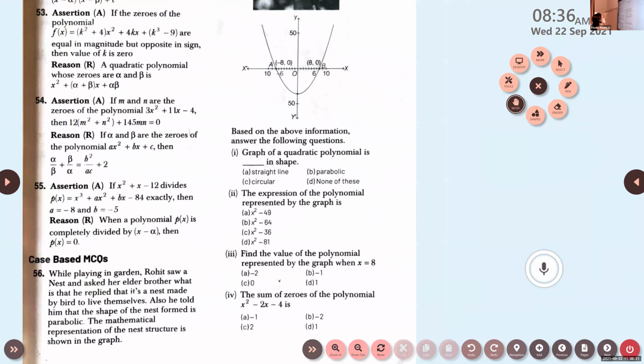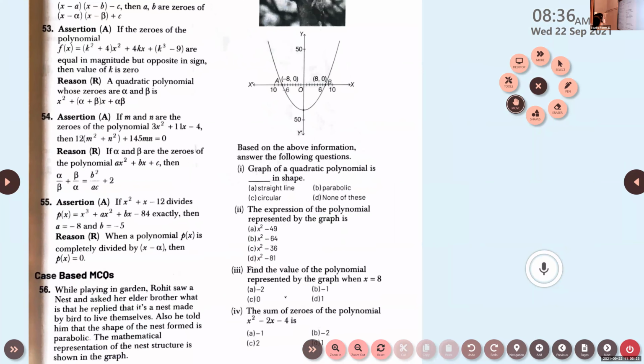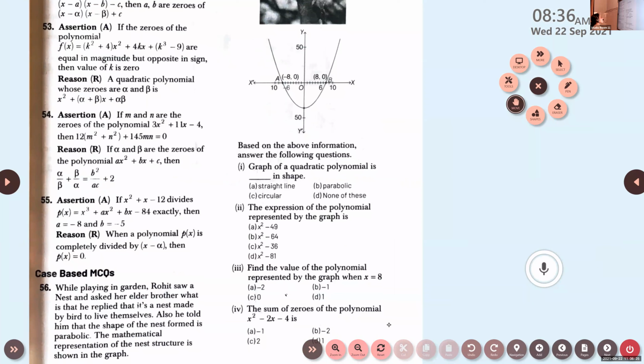Now you draw this figure. The nest is in the shape of a parabola. The shape of the nest formed is parabolic. So the shape of the nest is parabola, and they have given a parabola.